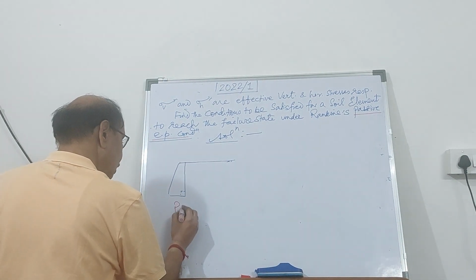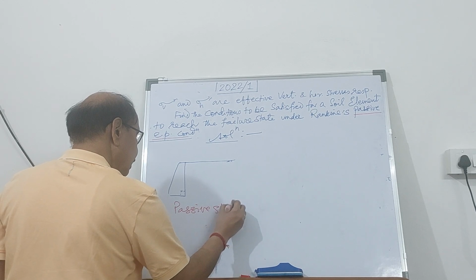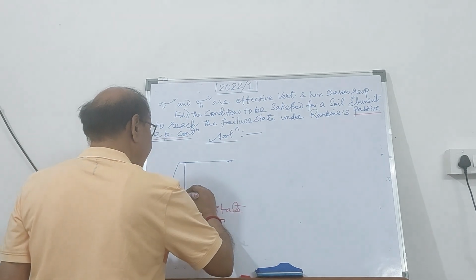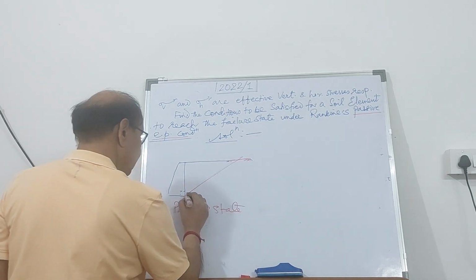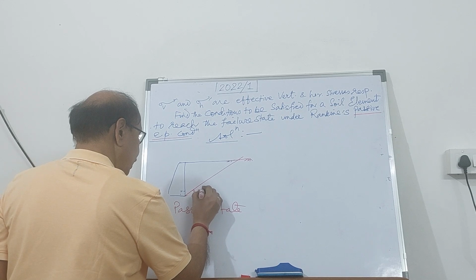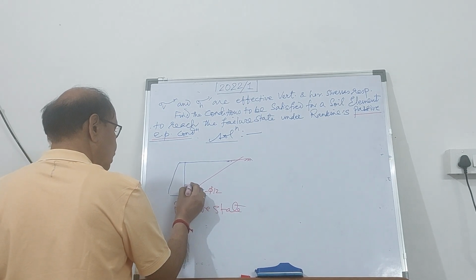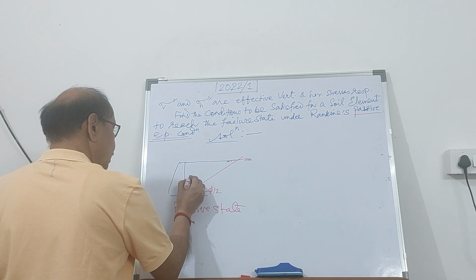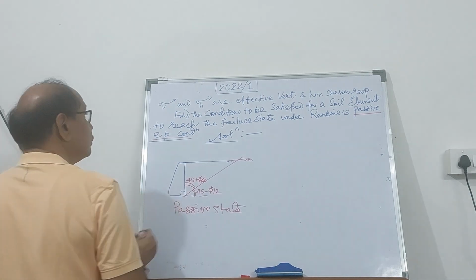So in passive state, the failure plane will be inclined at 45 minus φ/2 to the horizontal. That means with the vertical, 45 plus φ/2.